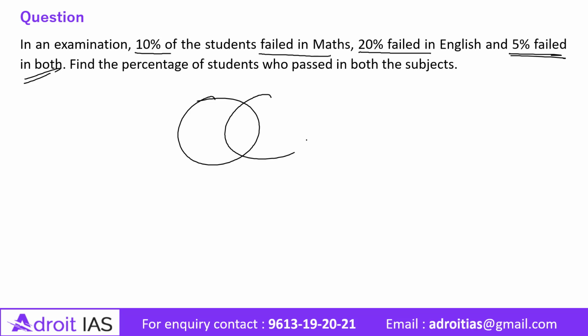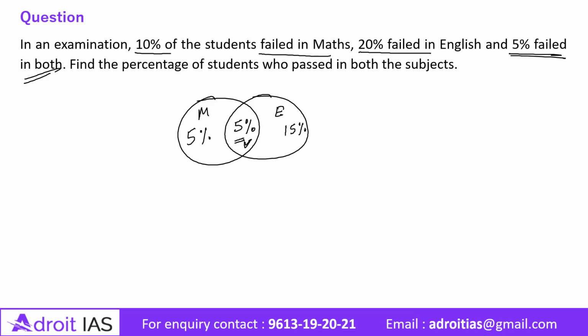So first of all, we'll be filling the 5%. 10% failed in maths, so in maths a total of 10% has to be there. Out of that 5% is here, so 5% is left for maths. And in English 20% has to be there inside this oval, so 5% is already there, so 15% is left.